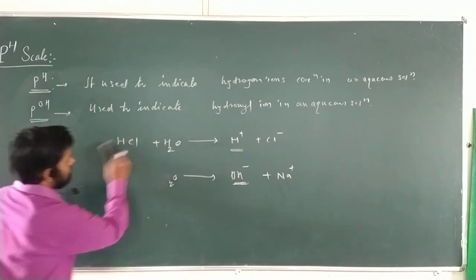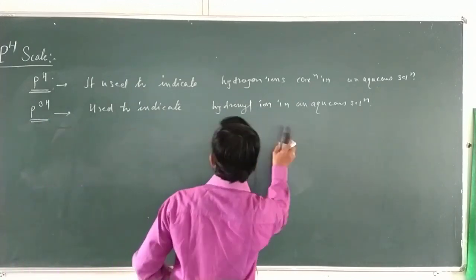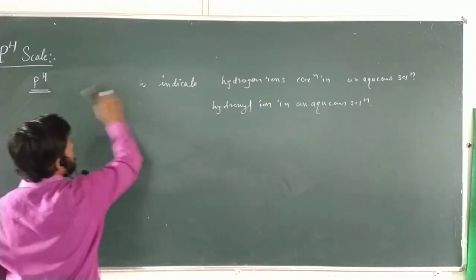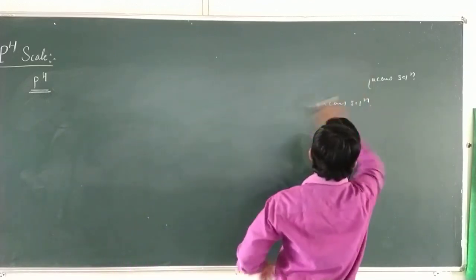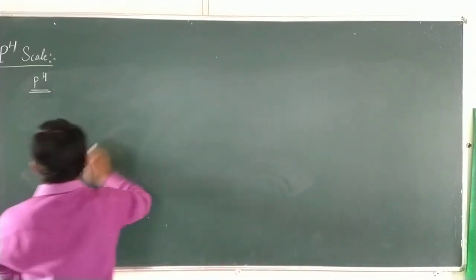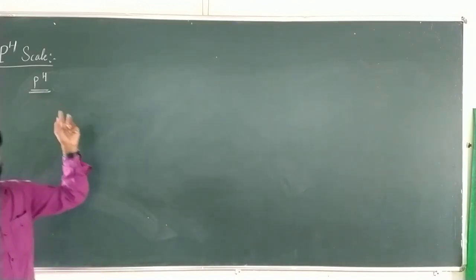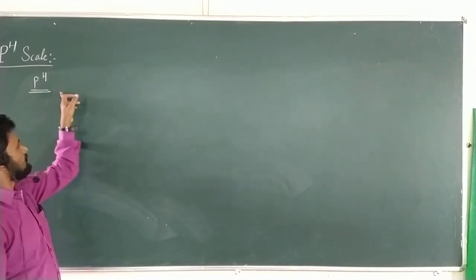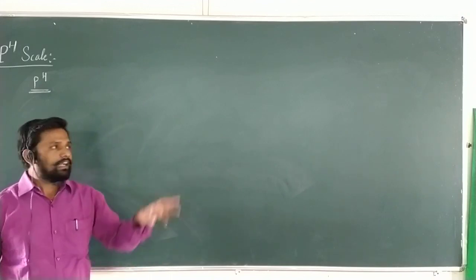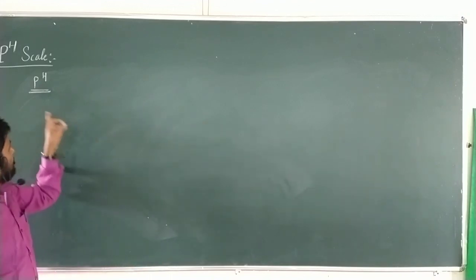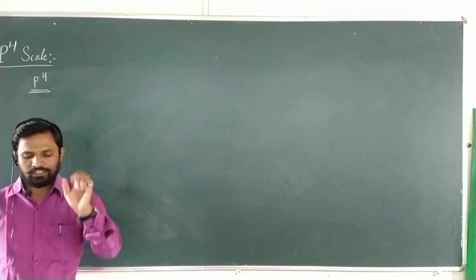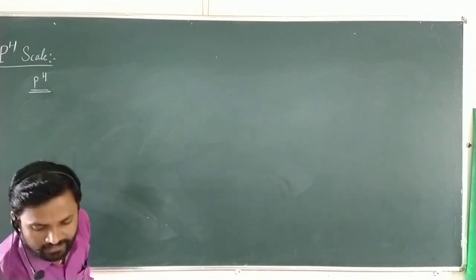Here, if I define the pH scale mathematically, once we know the concept: pH is used to measure the hydrogen ion concentration, and pOH is used to measure the hydroxyl ion concentration.